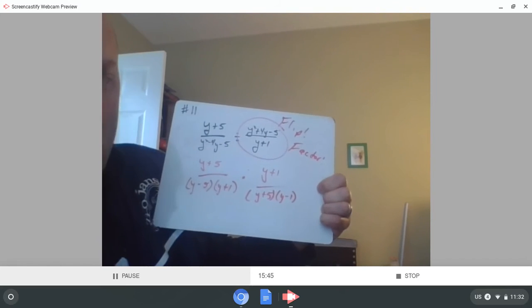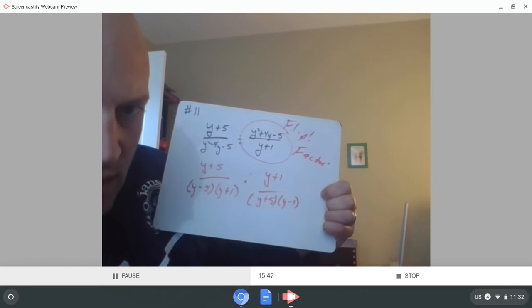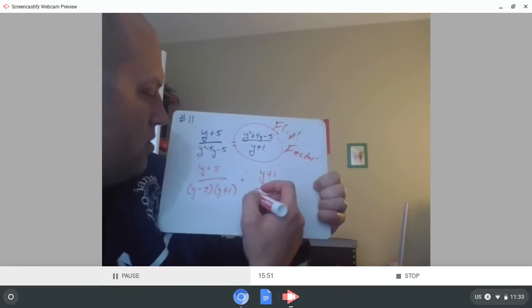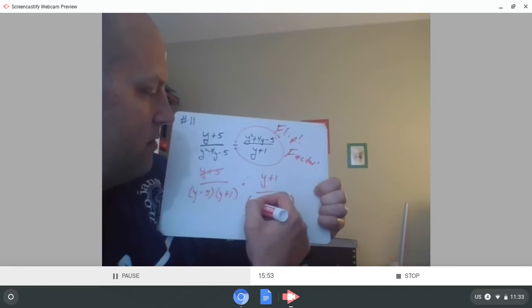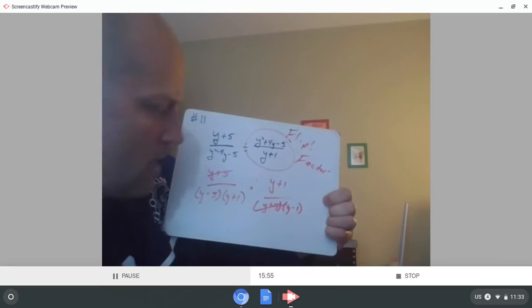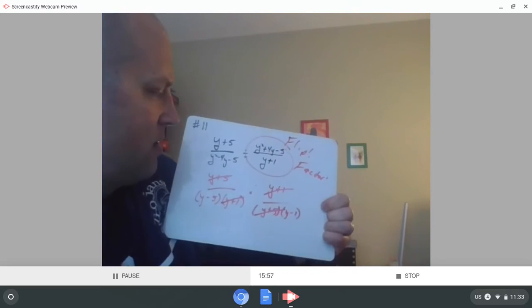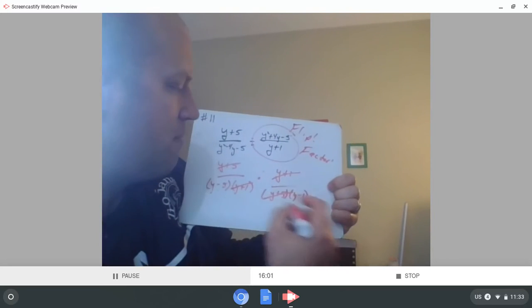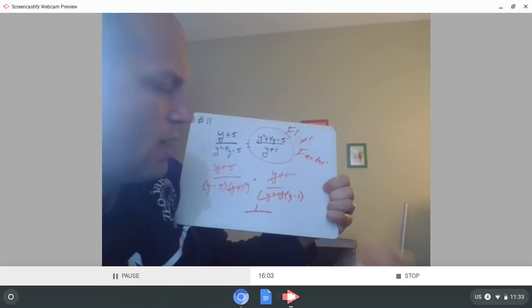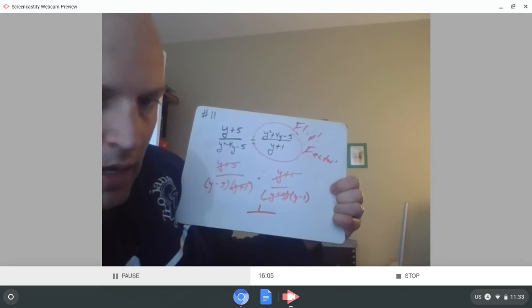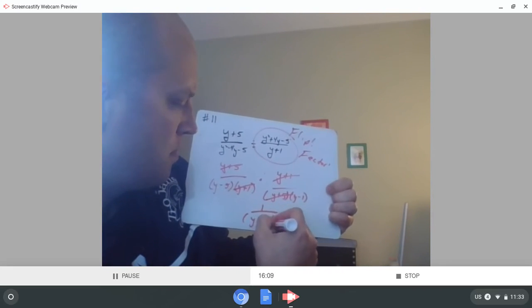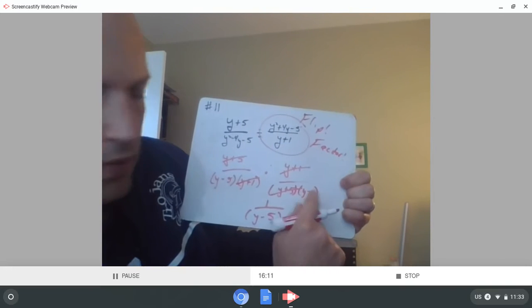And now I look to see what reduces. Numerators reduce with denominators. Binomials reduce with binomials. The y plus 5s cancel. I got a y plus 1 canceling. And I have nothing on top, but I have to keep that placeholder, so I have a 1 on top. And then on the bottom, I have this y minus 5 and a y minus 1.